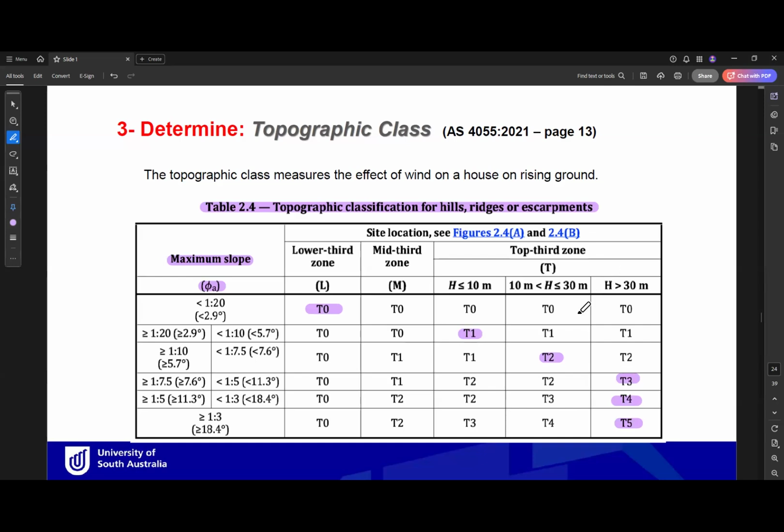In the project, it is given to you directly if the building is T3 or T2 or T4. So based on your group, you will find this information.